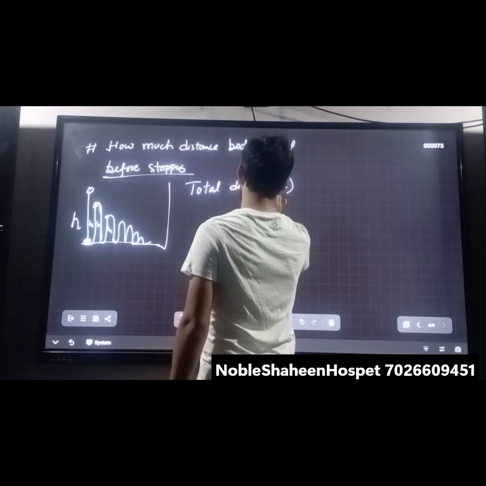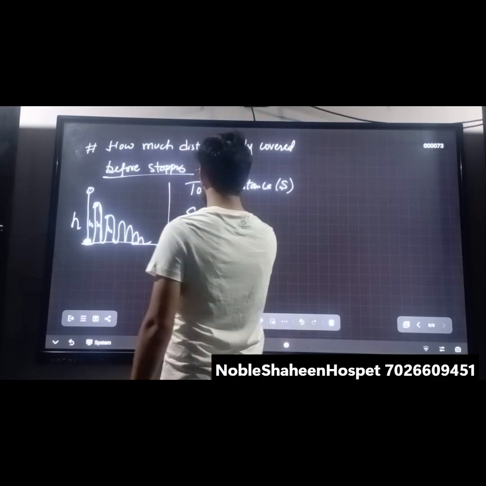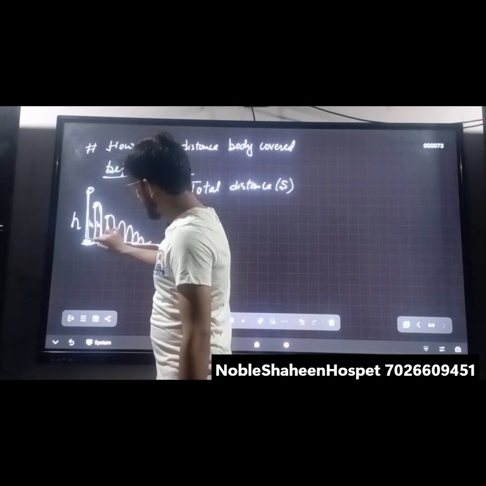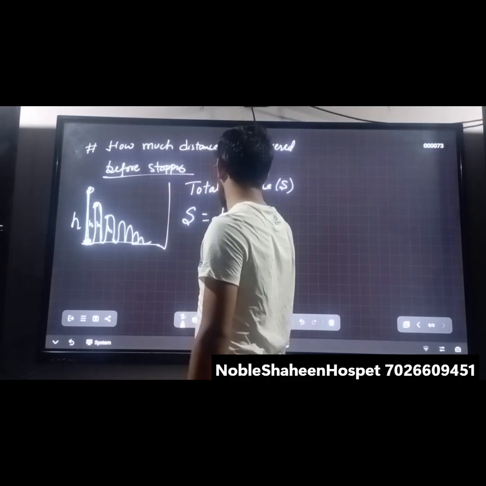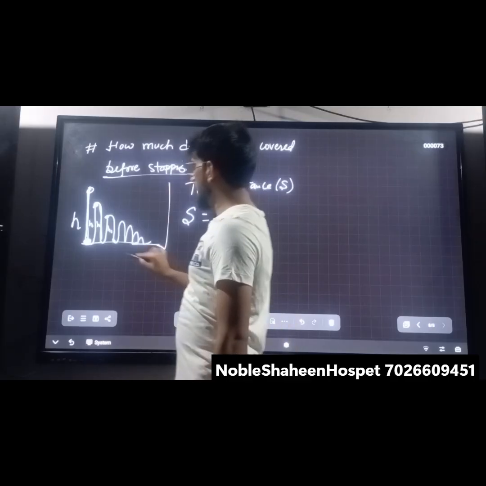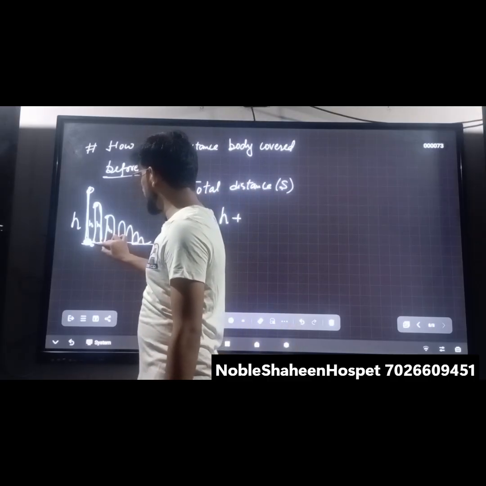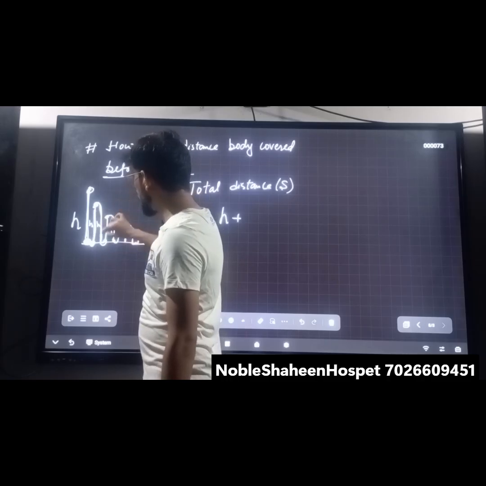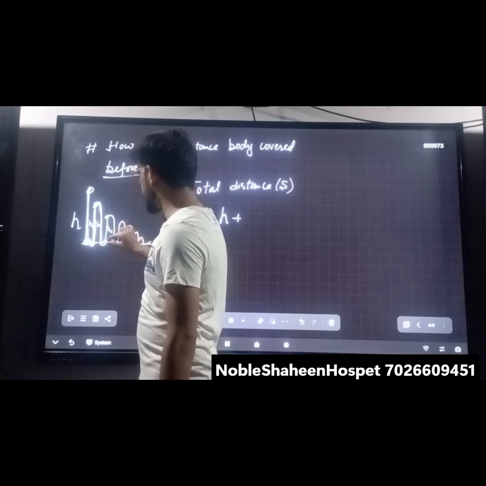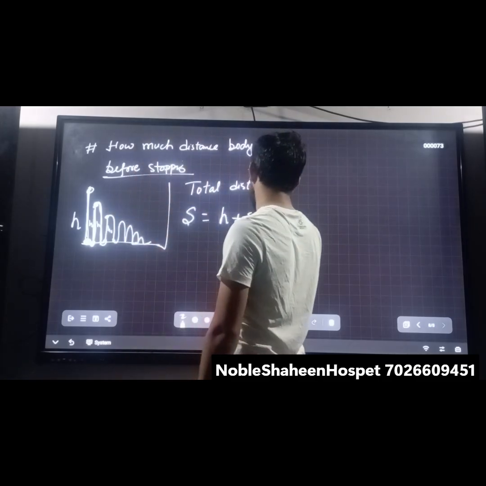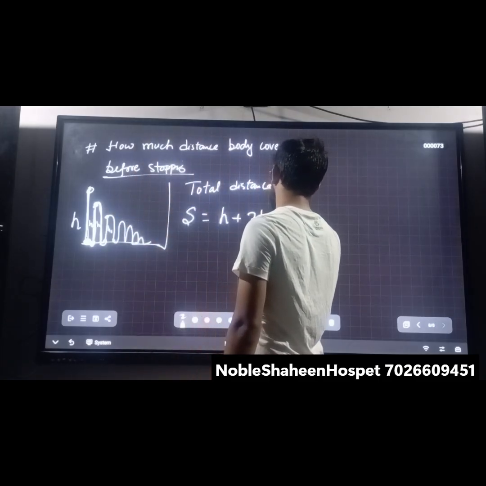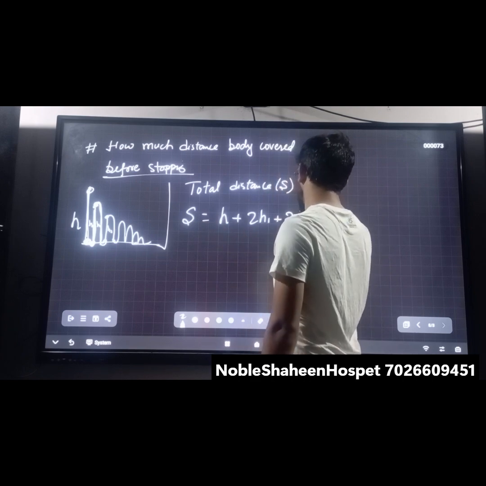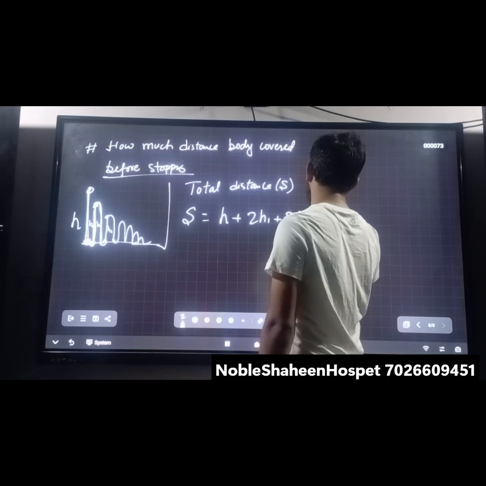If you want to calculate the total distance s, we can write s as follows. During the first collision the total distance covered is h, plus. From the first rebound to the second rebound, the distance covered is h1 going up and h1 again coming back, so we can say h plus 2h1, plus, from the second to the third rebound, the total distance is 2h2, and so on.